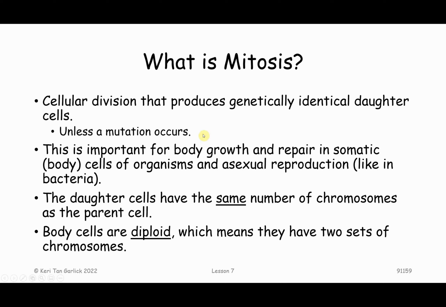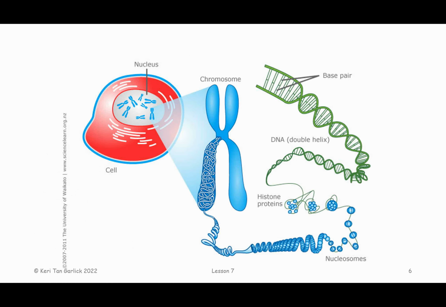This can't be passed genetically down to the offspring. It'll only affect the individual. The example of a mutation in a somatic cell is cancer. And so when you have one cancer cell, it divides, it replicates, and that's how you can get a cancerous mass.